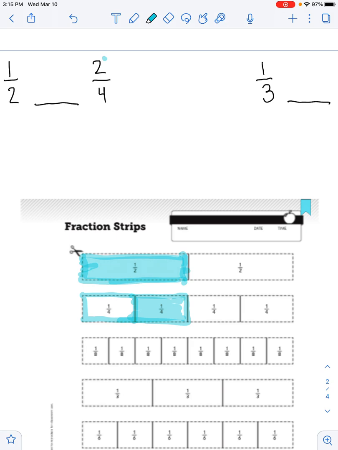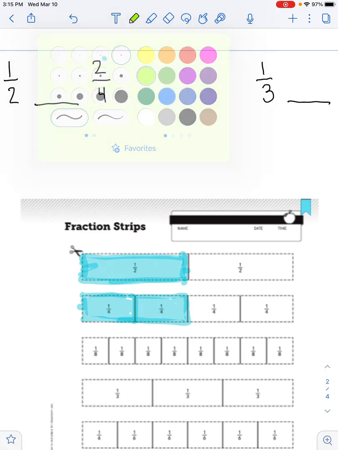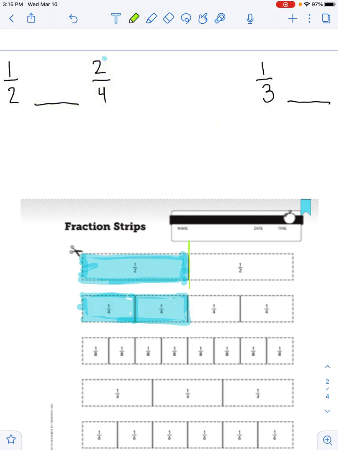Wait a minute. Look at this. If I run a line right down where they both end, they end at the exact same spot. So that means that they are equal to each other because they have the same amount shaded in.